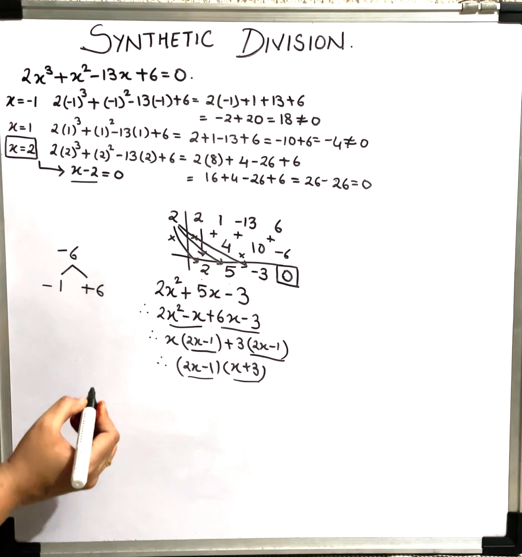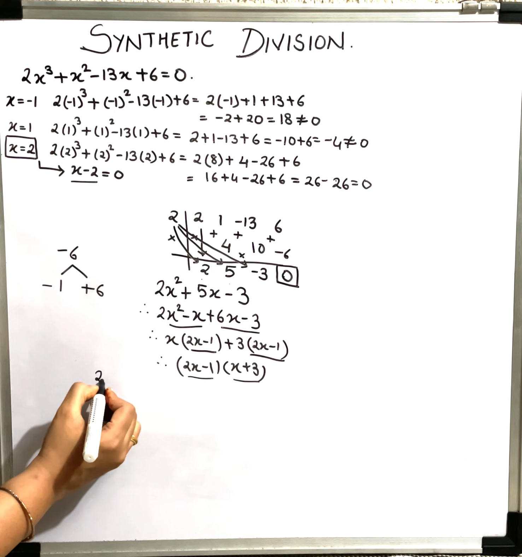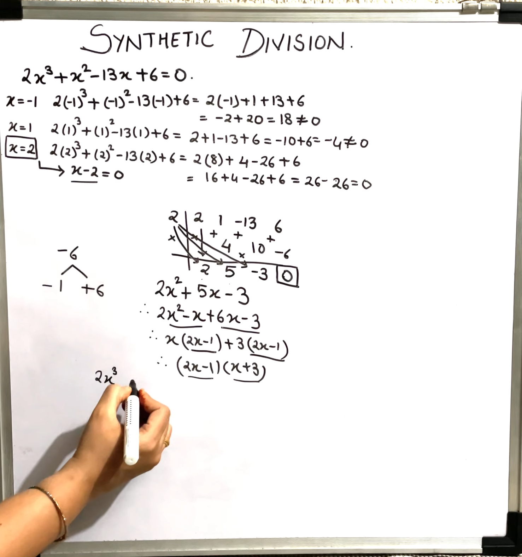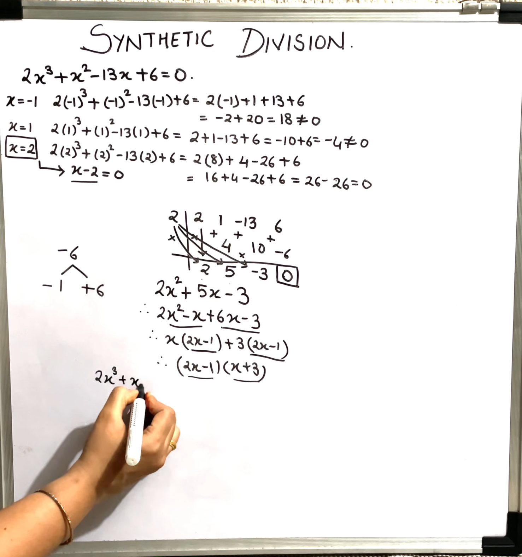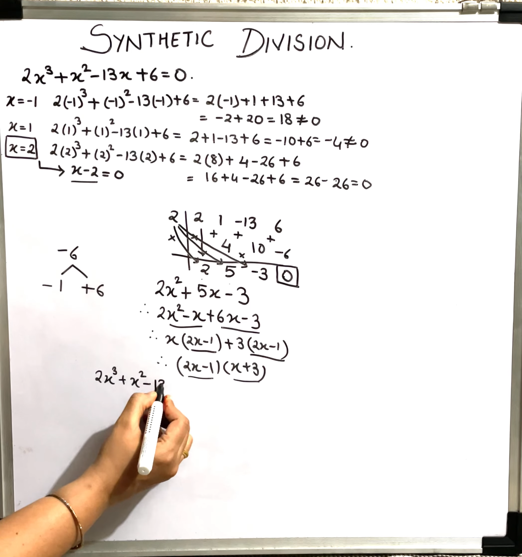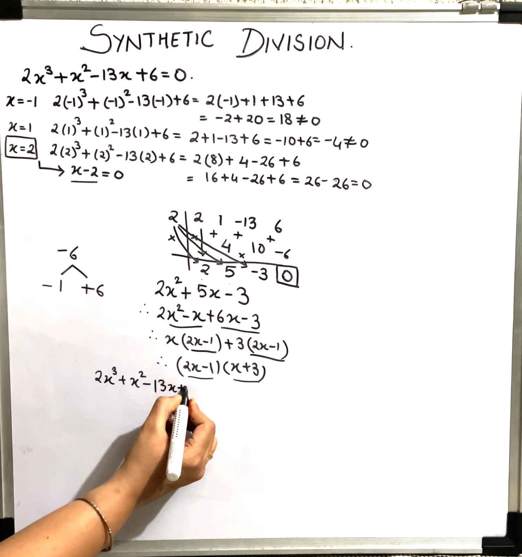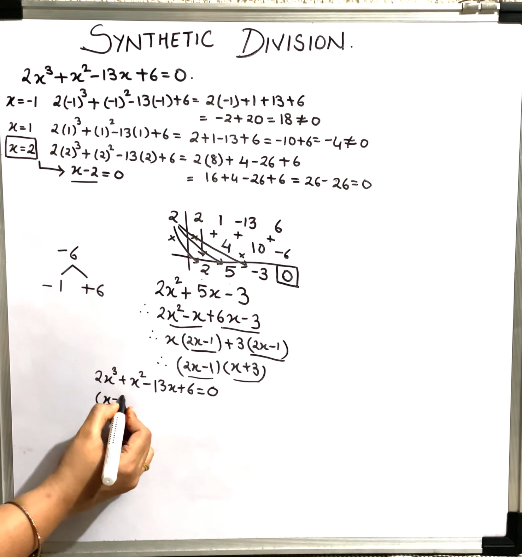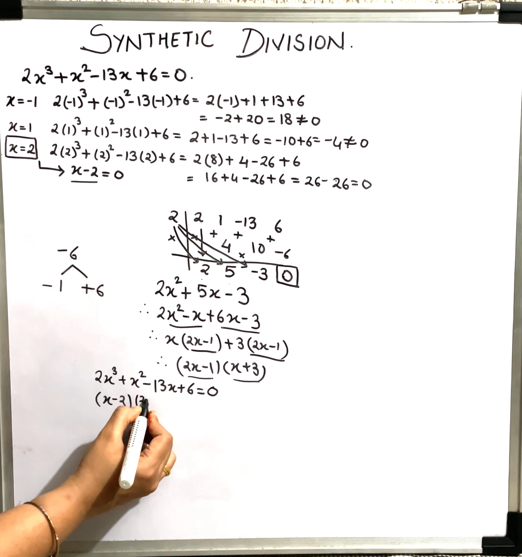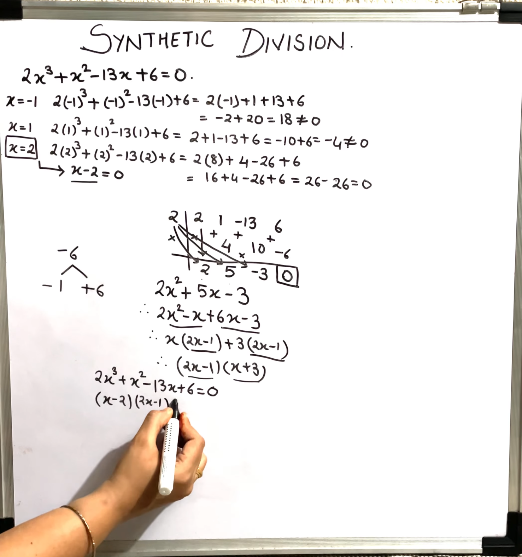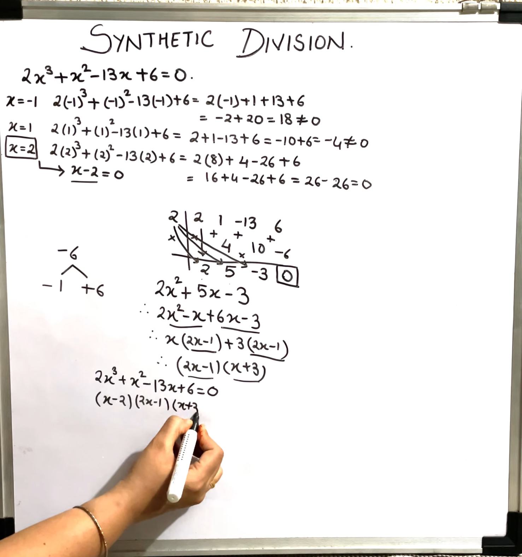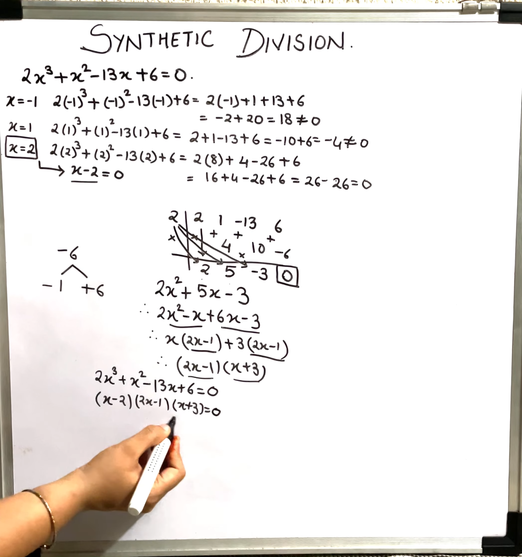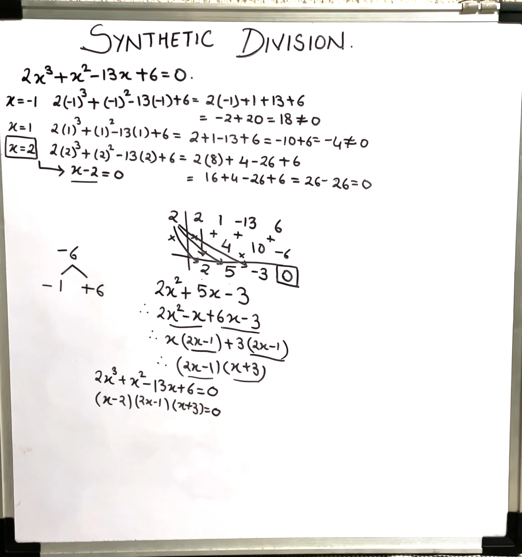Therefore I can write the given expression 2x cube plus x square minus 13x plus 6 equal to 0 as x minus 2 into 2x minus 1 into x plus 3 equals 0, where these are the three factors of the cubic equation.